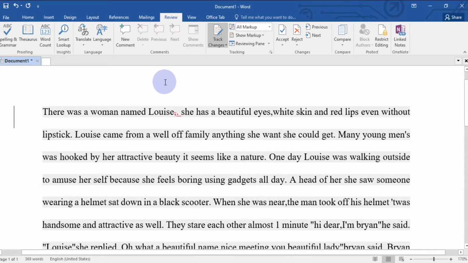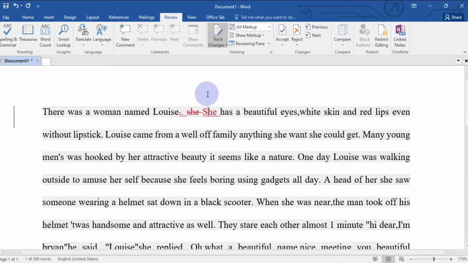All right, then do not forget, of course, the space between the full stop or period and the next sentence. Now, this S should be capitalized.